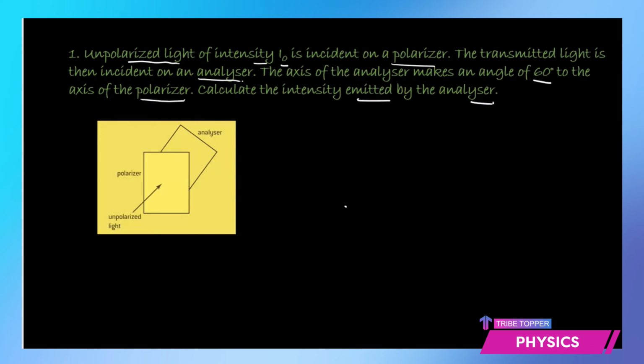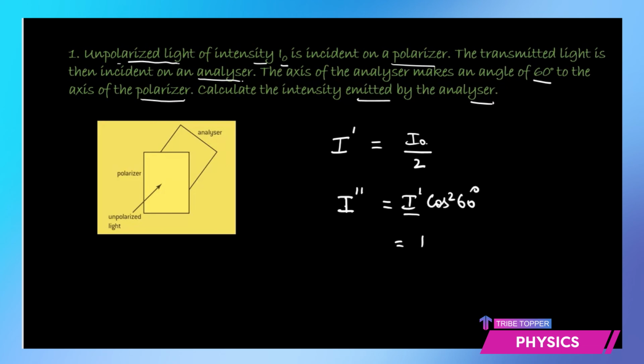Now we know that first of all, the unpolarized light of intensity I naught, when it falls on the first polarizer, the intensity I1 that comes out of the first polarizer will be I naught by 2. Now when this I naught by 2 intensity falls on the analyzer, it depends on the angle. So I2 is going to be I1 times cos squared 60, because this is incident there.